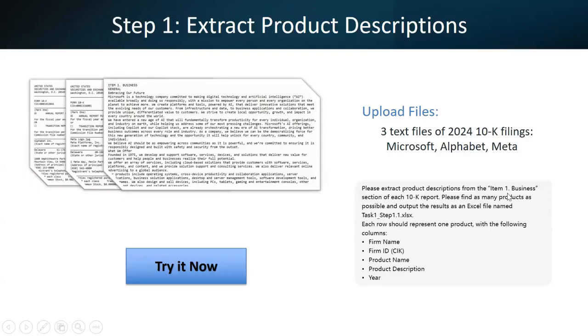The more information you give to the LLM, the clearer and more stable the answer you will get. I'm not just giving the LLM one line. I tell them they have to go to Item 1, I tell them the variable names, the firm ID, and to find as many products as possible. All of this has to come from you.